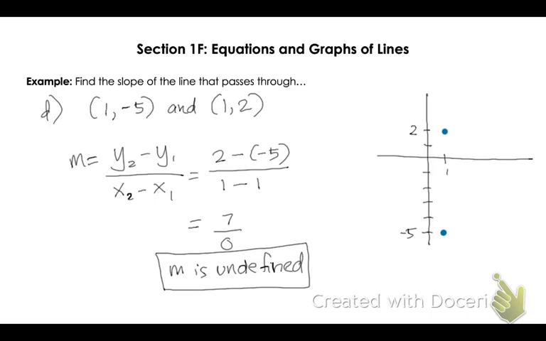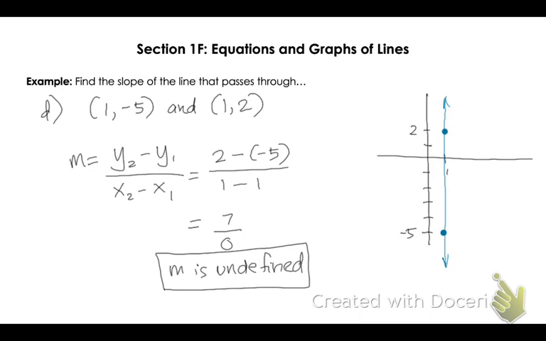These 2 points have the same x coordinate, which ends up giving us this vertical line. Let's try that again. All right, that's a little better. So there's our vertical line.